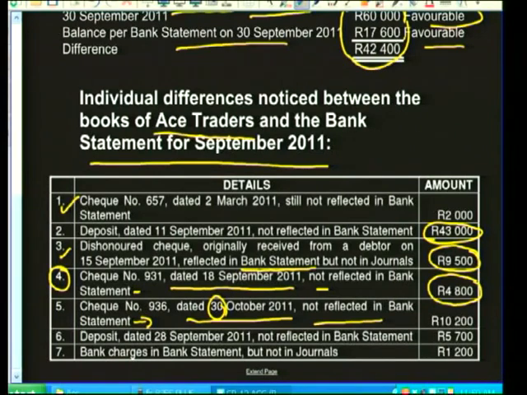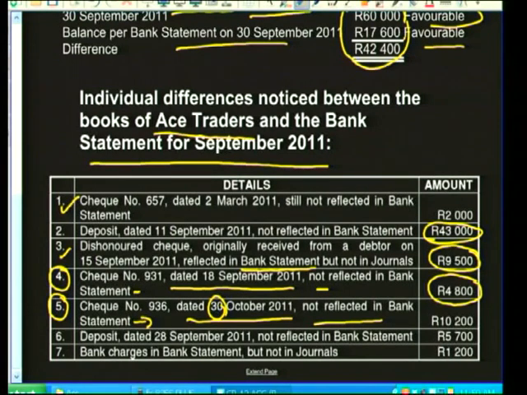Remember, if we have issued the check, it's entered in our journals. So our journals are correct. But this person cannot present it for payment. Why? Because it's post-dated to the 30th of October. Once again, will not impact on my bank balance, but I will keep it aside because I will have to use it. Right. Next one.